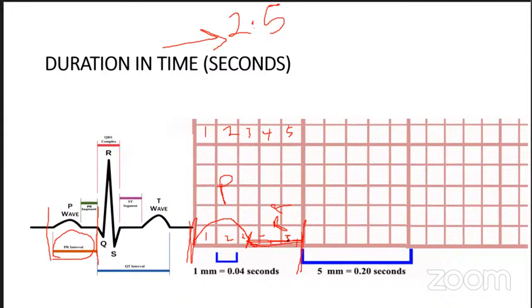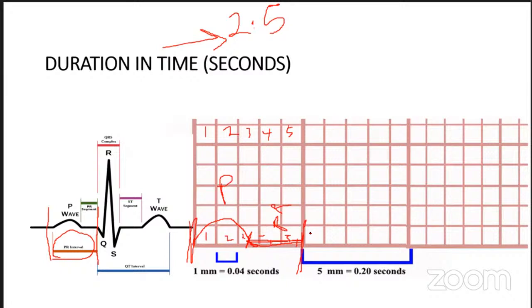And because I know my P wave and my PR segment make up my PR interval, that tells me that both of them should not be more than 5 small boxes. 2.5 plus 2.5. So anytime I see my PR interval is more than 5 small boxes, I'm already thinking of what? Heart block in that patient. We'll talk about how to manage heart block subsequently. But again, you just need to know what the normal is.